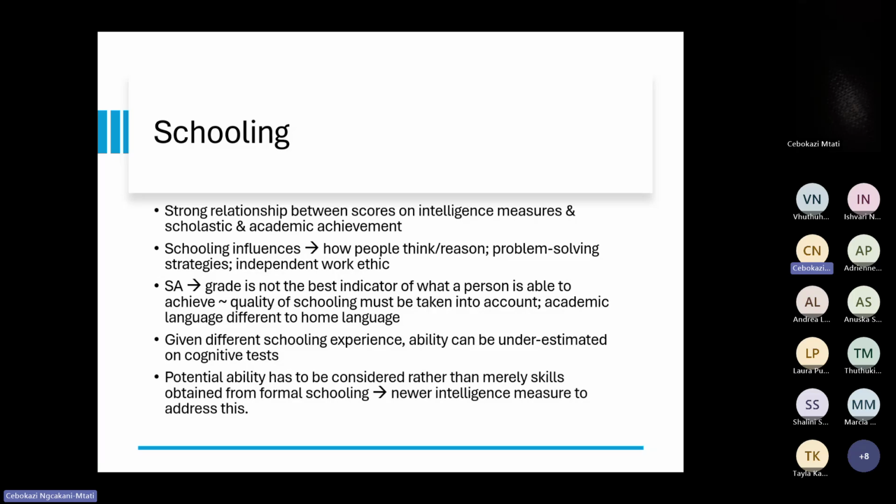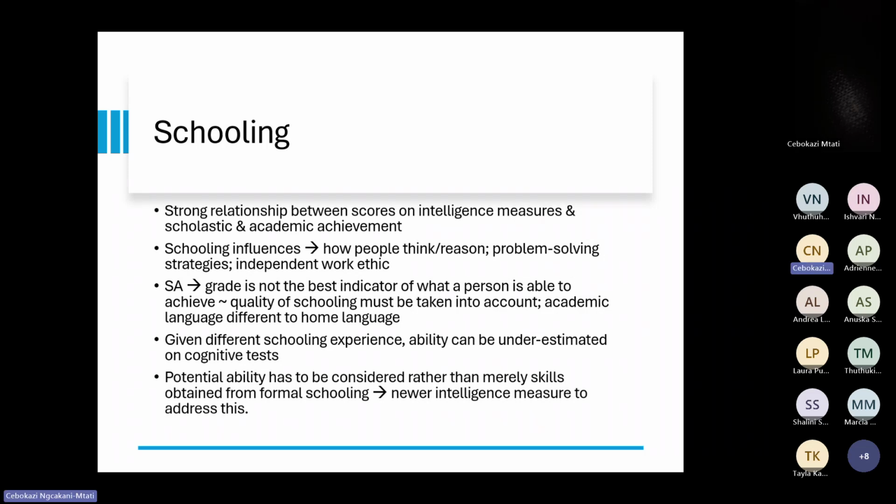And if you think about it, you probably don't think the same way as your other classmates think. You probably don't think the same way I think, because we come from different environments and we've been to different types of schools, and the type of school that I went to sort of shaped my reasoning a little bit, and maybe yours did too.